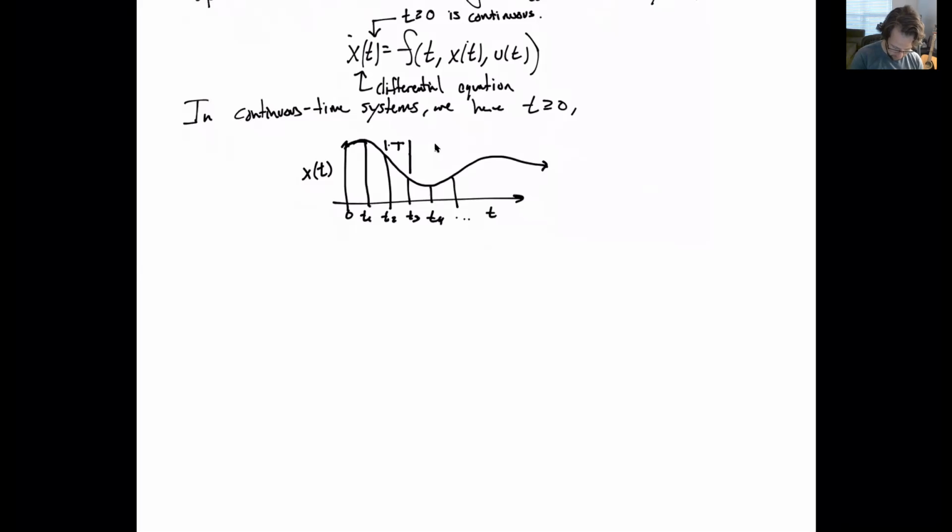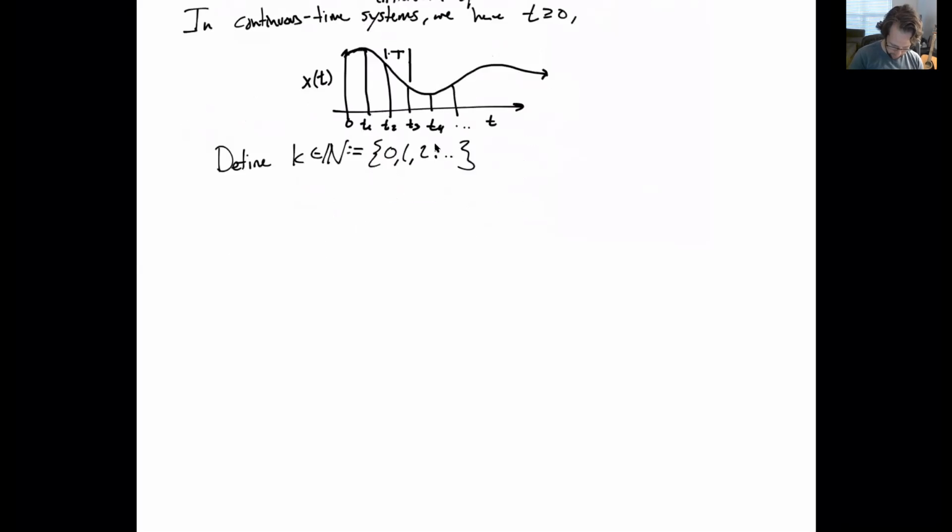So more specifically, we can define k as a natural number, so it's equal to 0, 1, 2, all the way out. And then we can say that t is equal to k times T, if we want to transition this from a continuous time system into a discrete time system.